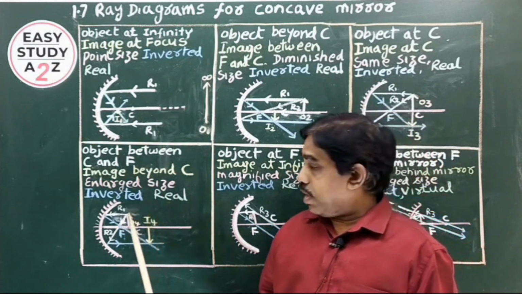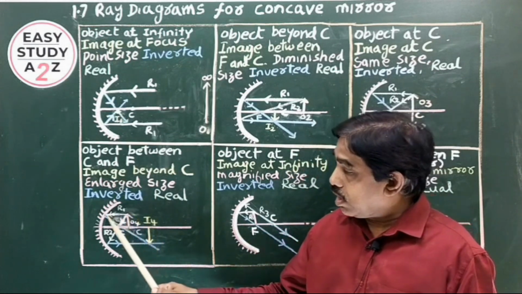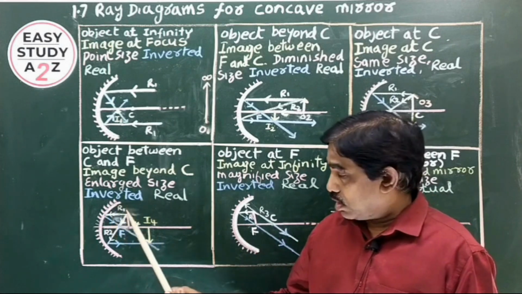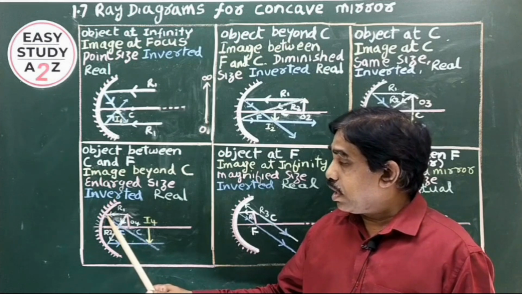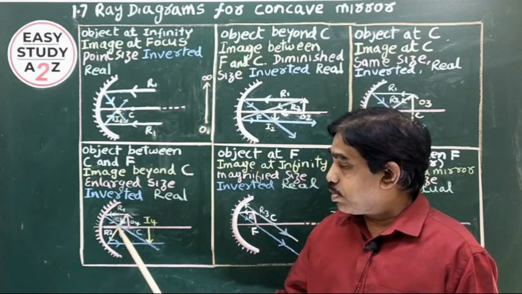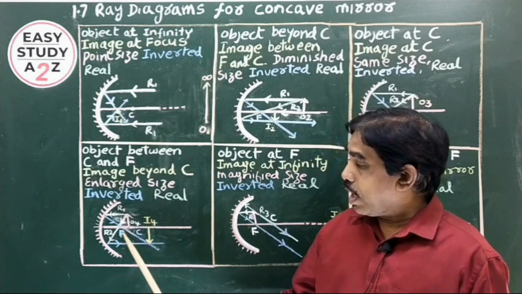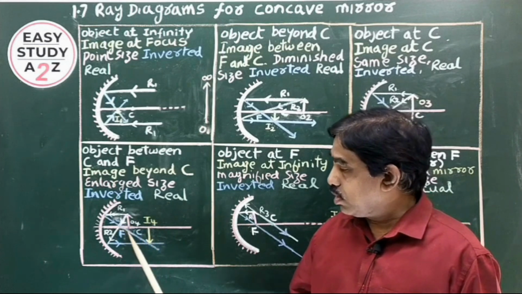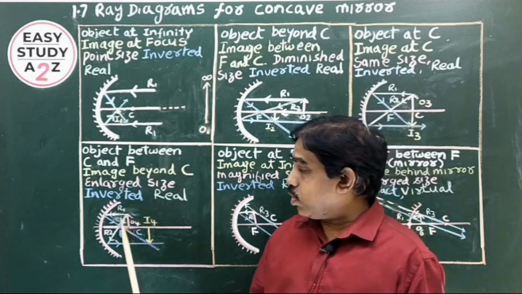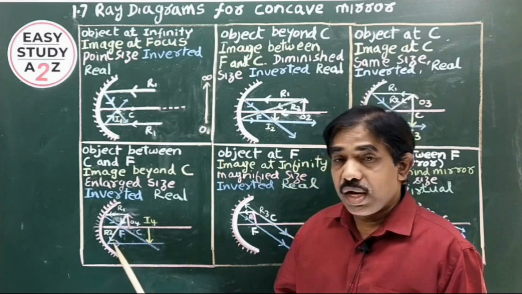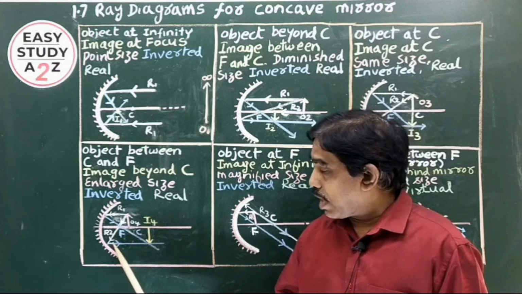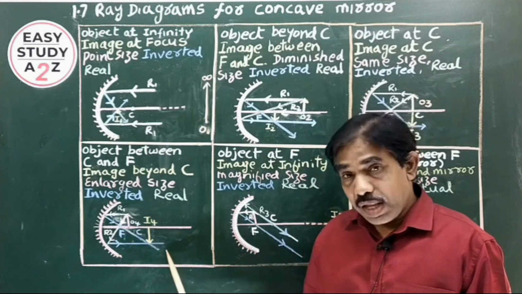Ray 1 is incident on the mirror, and the reflected ray is passing through the focus, and ray 2 is passing through the focus, and after reflection it travels parallel to the principal axis.